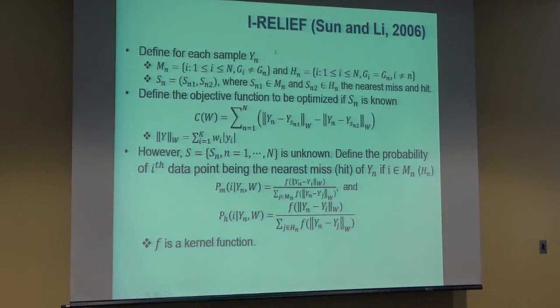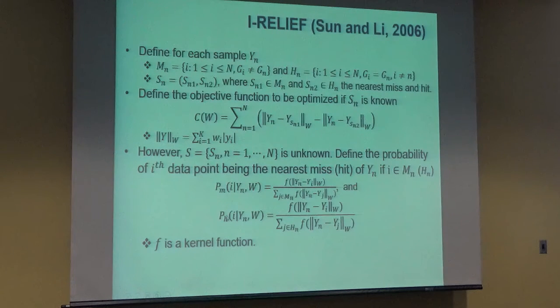Then we define another approach, that's the iterative Relief, I-Relief. This was proposed in 2006. This is something similar, but in this case we have this score we define. This is the distance. Then based on that we define these probabilities. What is the probability that you belong to one group versus the other group? So this is the overall space. You sum all the probabilities, and this is the probability that the Yi belongs to that space. So based on this conditional probability, for the ith individual, this is if it's the miss and this is hit.